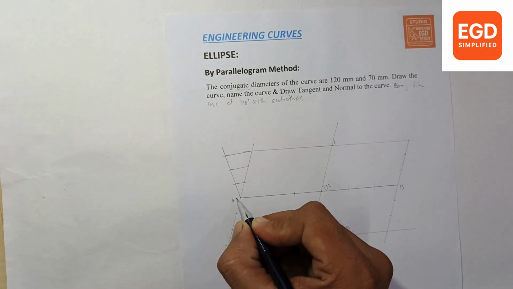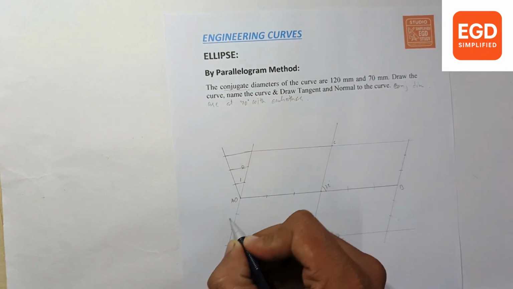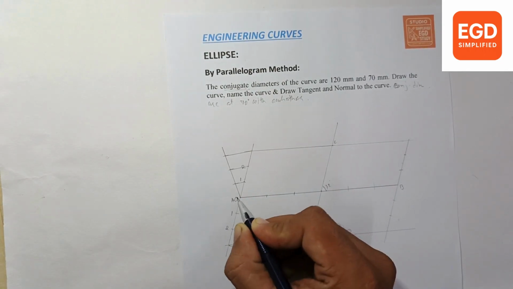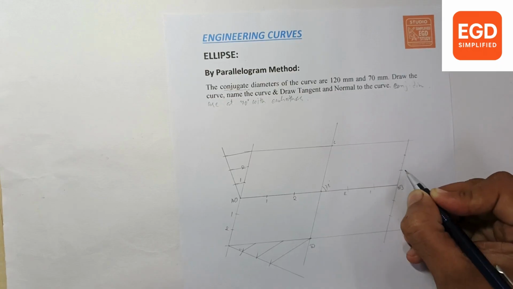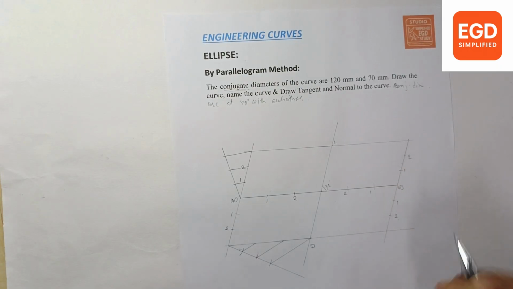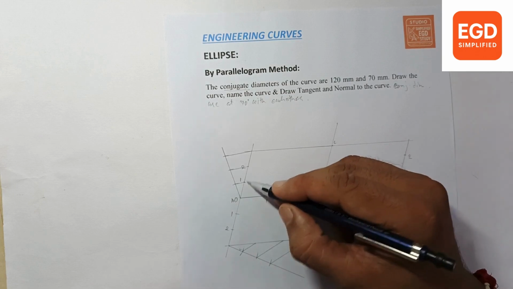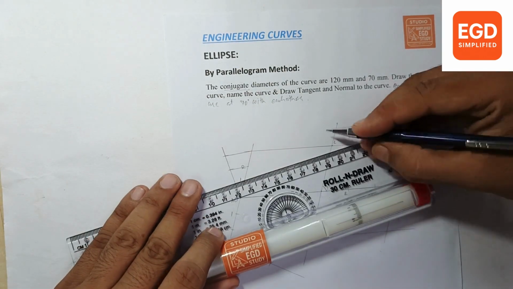Now give numbering 0, 1, 2, 0, 1, 2, 0, 1, 2, 0, 1, 2, 1, 2, 1, 2. Now connect this C point with this 1, 2 and this 1, 2.